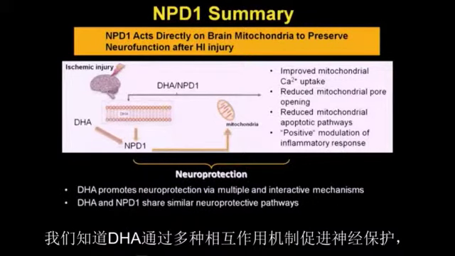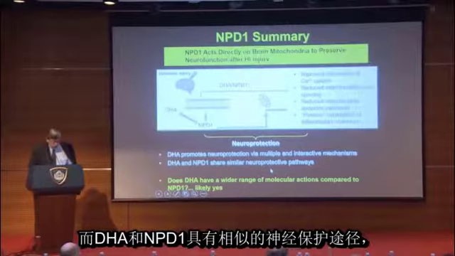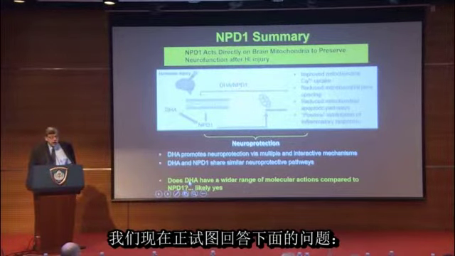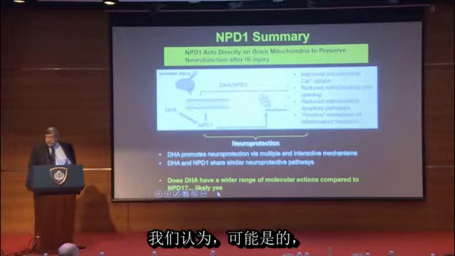So we know that DHA promotes neuroprotection via multiple and interactive mechanisms, and DHA and NPD1 share similar neuroprotective pathways. We're trying to answer the question right now, does DHA have a wider range of molecular actions compared to neuroprotectin D1? And we think likely yes.